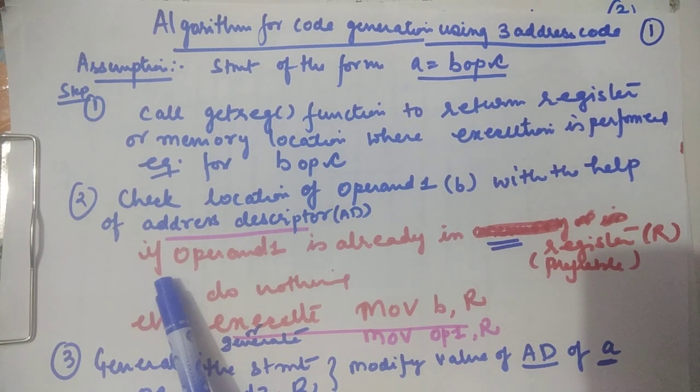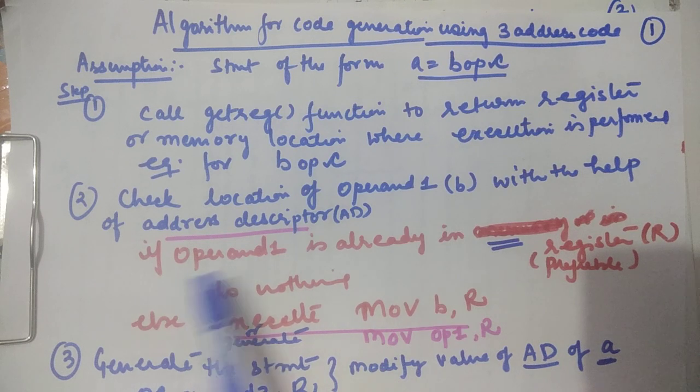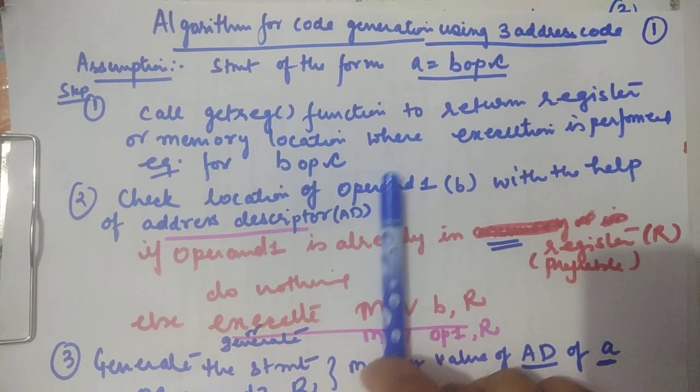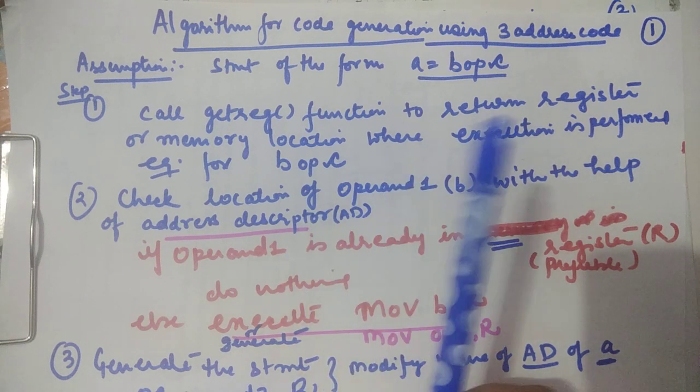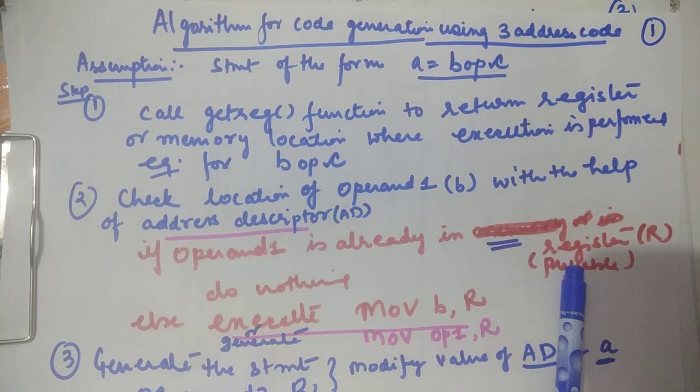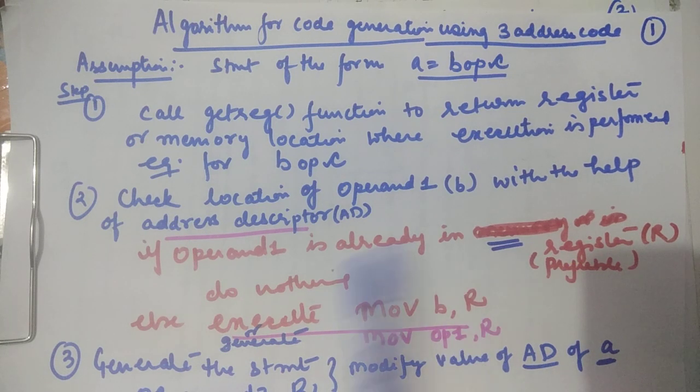The next point: if operand 1 is already in a register, that is well and good, because the data is already present in some register, so we do nothing.